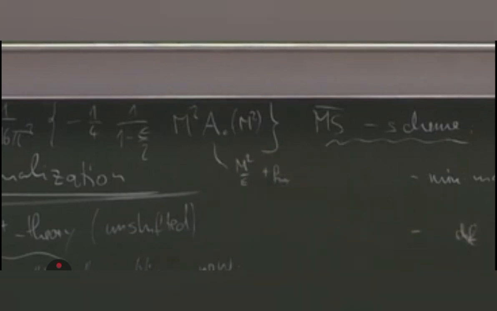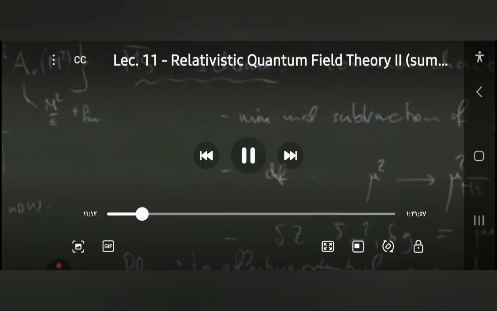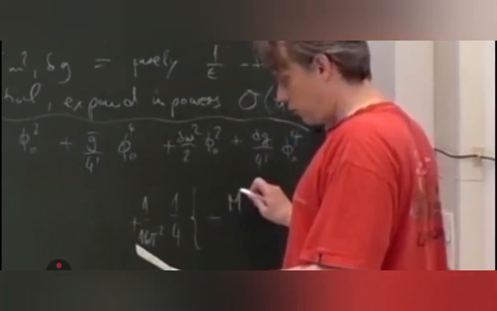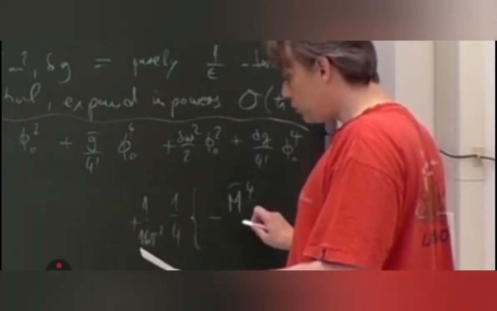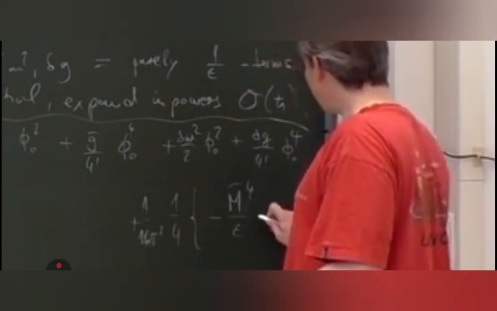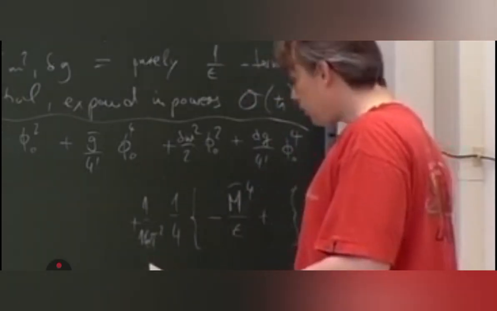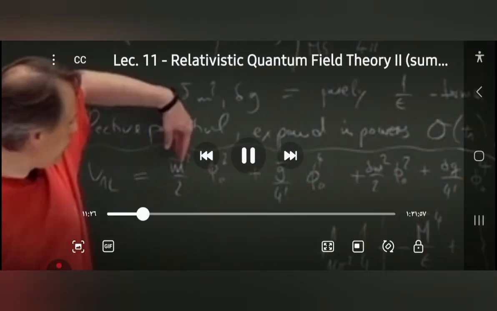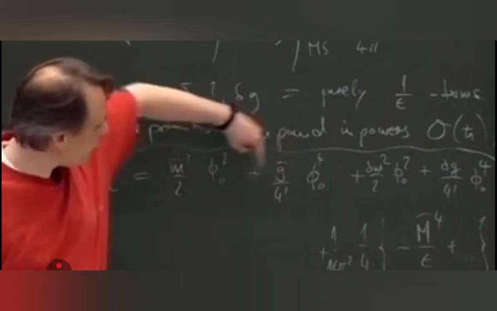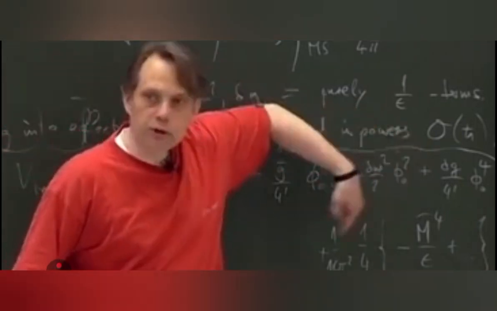And if we, for the moment, just write down the divergent part, then we get here minus m bar to the 4th power divided by epsilon plus some finite expressions. Okay. And then you see I separated it still in this way. Here we have tree-level quantities, and here we have lots of one-loop quantities.